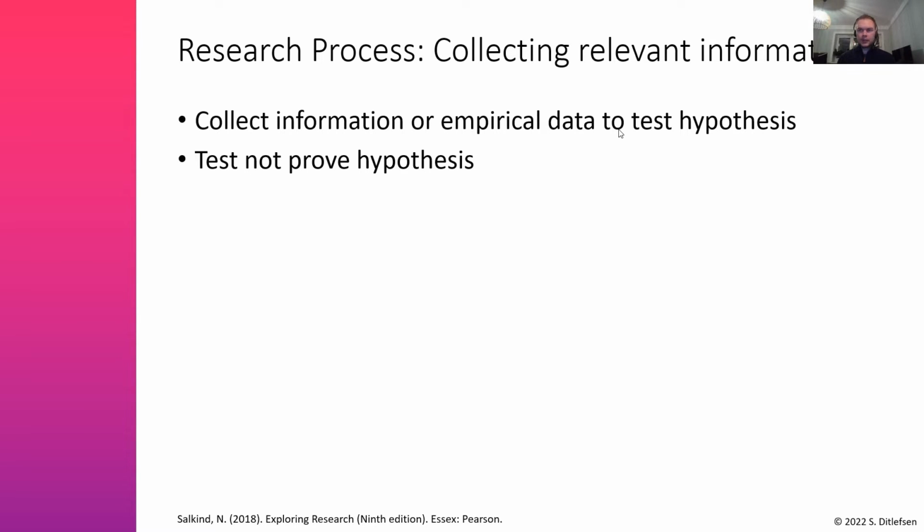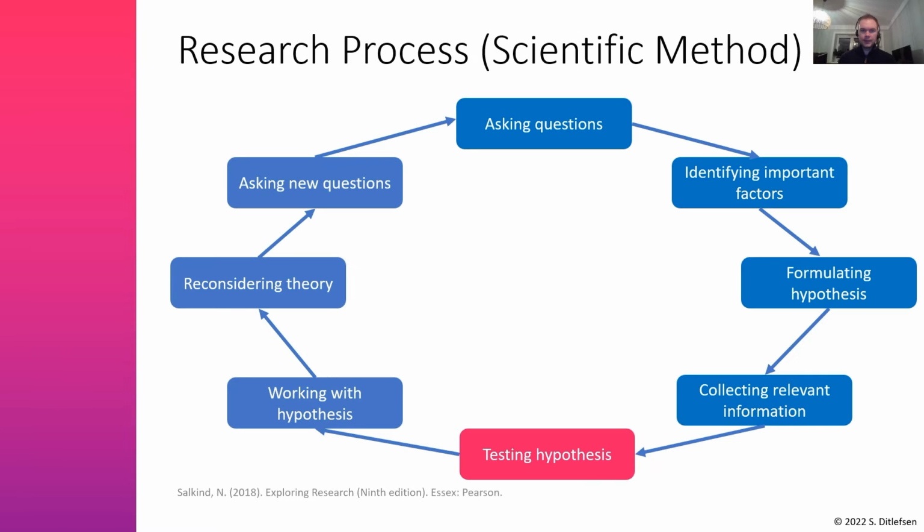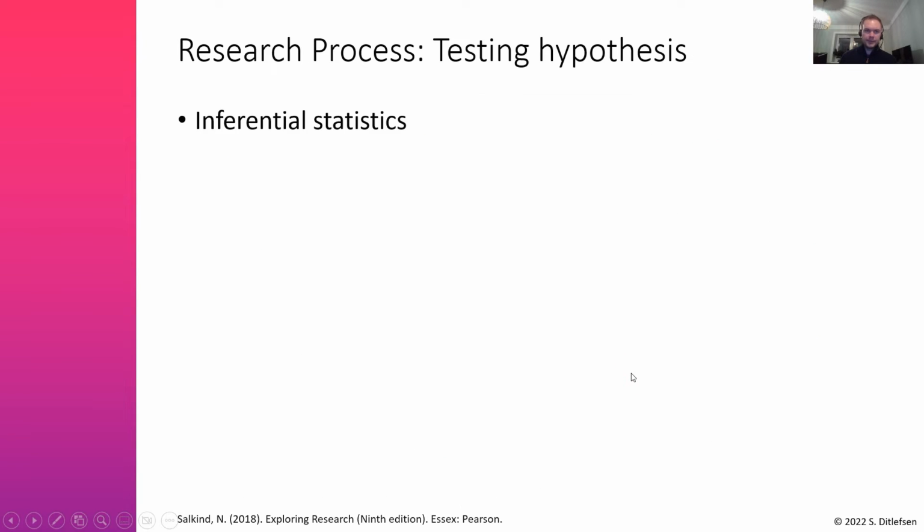But no matter what type of research we are doing, we still need to collect relevant information. And we are out to test. We want to test the hypothesis. We don't want to prove the hypothesis. We want not to be biased.